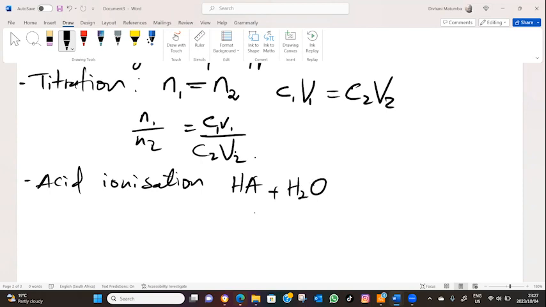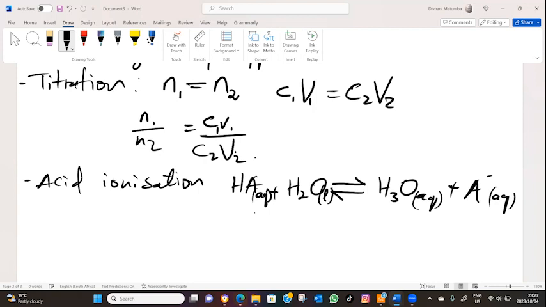If you put acid in water, you will get the following reversible reaction, plus A minus aqueous. What is the Kc, or the Ka of acid in this matter? We will have the following.